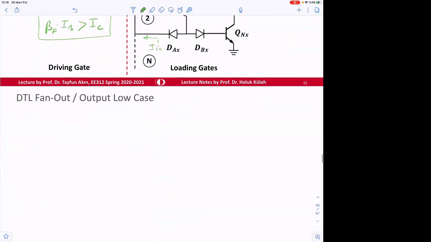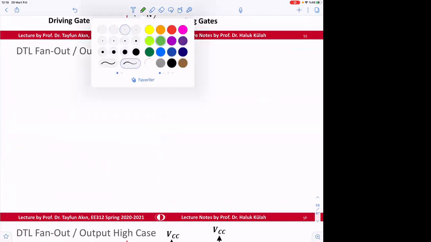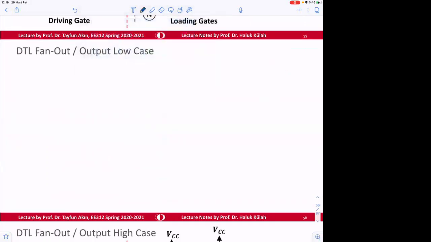So we can just maybe draw the model here for convenience.